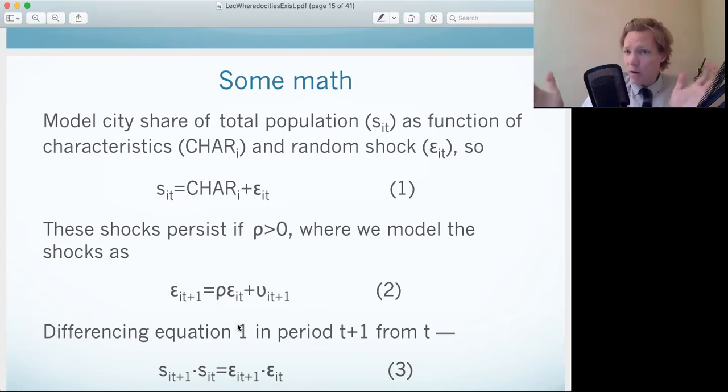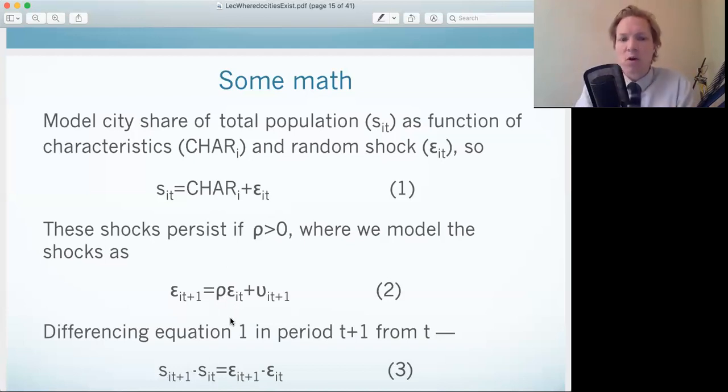The location fundamentals world would say this is 0: what really matters is the underlying characteristics. The non-location fundamental world would say this is 1, or close to 1: sure, the location matters initially, but what matters after that is whatever random shocks you get, whatever happens in the city, which overrides the characteristics. So the cities that get the good shocks will keep getting the good shocks.